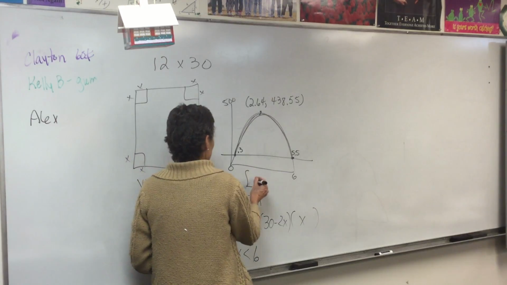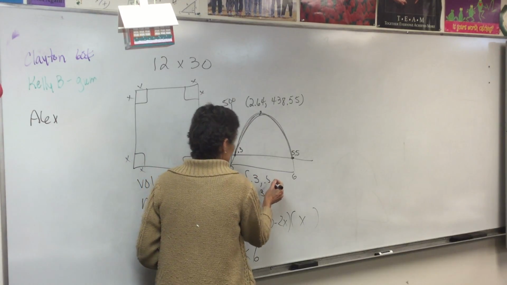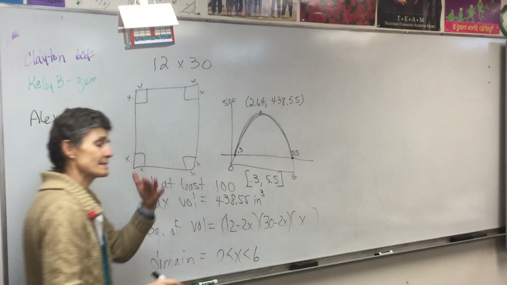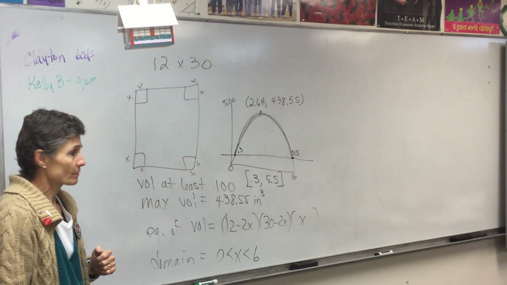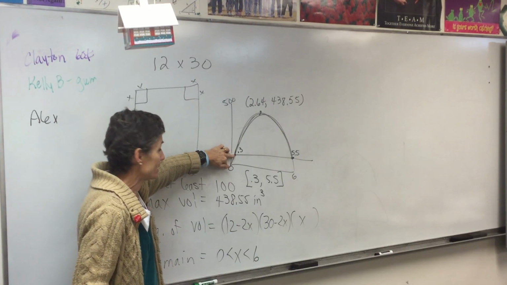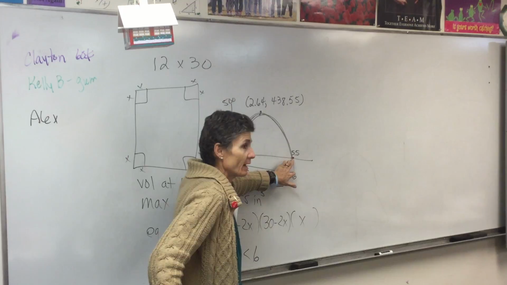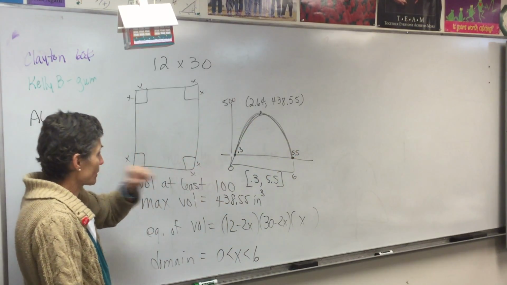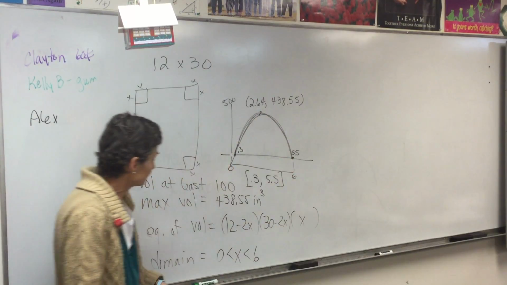So at least 100 would be 0.3 to 5.5. What would less than 100 be? Less than 100 would be from 0 to 0.3 and from 5.5 to 6. That would be less than 100. This is all more than 100.